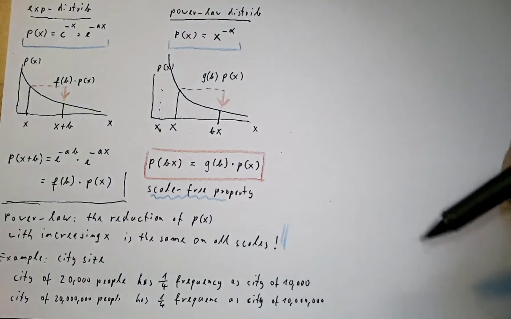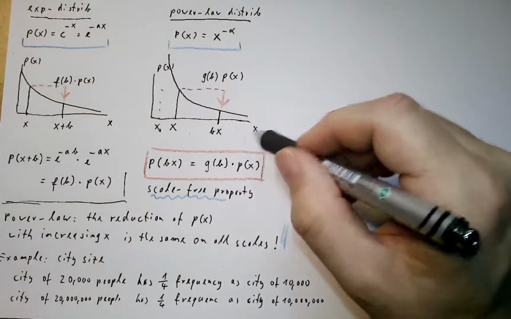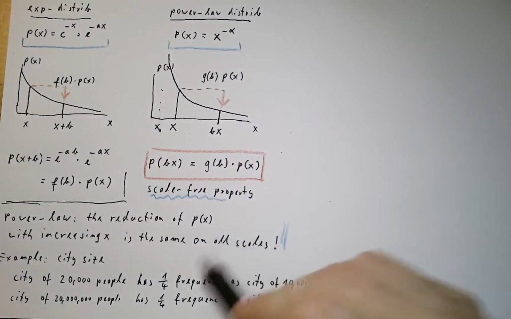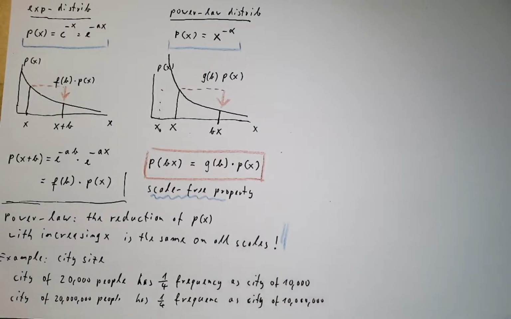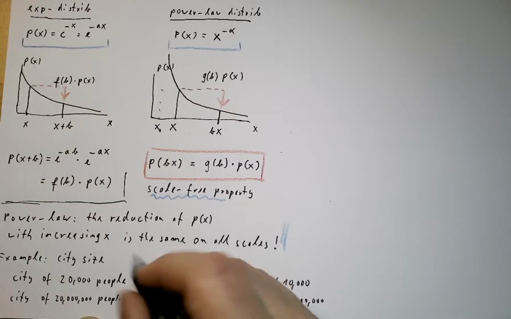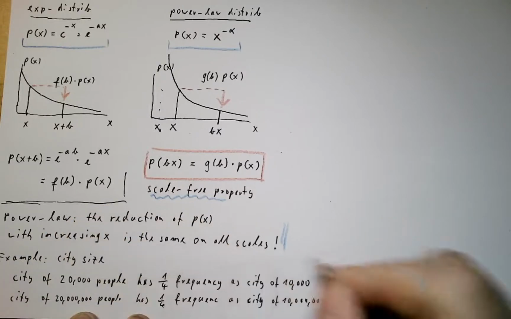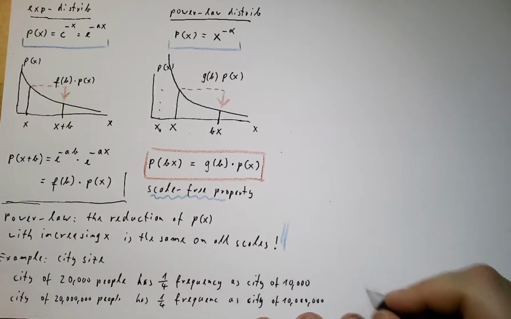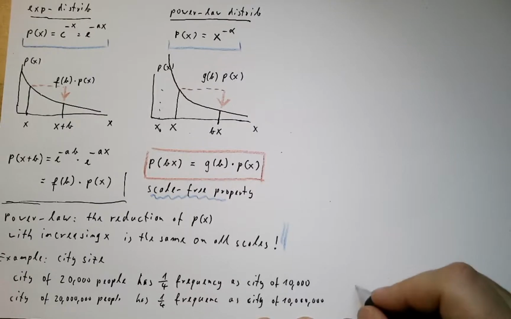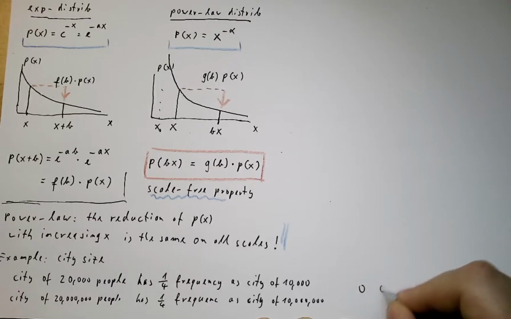Yeah? And this means if you look at some cities, and you find, for example, that you have 4 times more cities. Let's say that you would have a picture from a satellite of your country, and you would see, okay, you have 4 small cities on average, and then 1 larger which has a larger size.